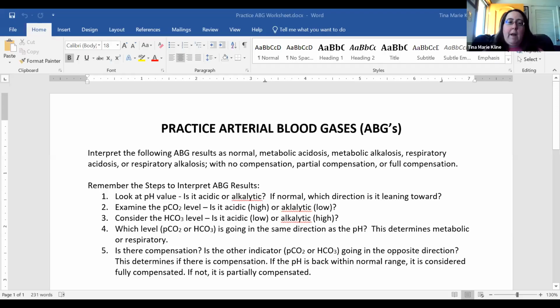So I'm going to share my screen here, which should take us to the worksheet where the ABGs were. Okay, so hopefully you're able to see my screen here, and you'll see the steps to interpret the ABG results.